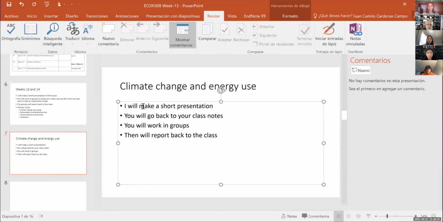And then you will be assigned to groups, and you will go back to your notes, to your notebook of what you have, and you will work in groups for a period of time, probably half an hour, and then you will report back to the class.